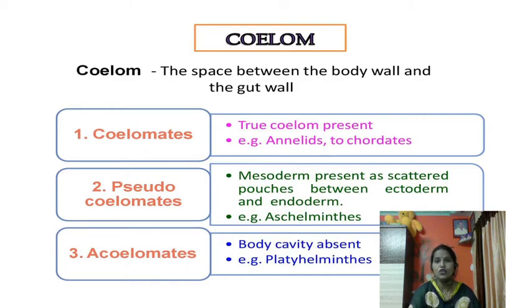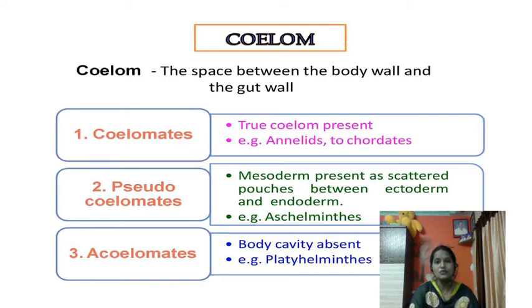Coelom is the space between the body wall and the gut wall. According to the presence of coelom, the animals are classified into three categories. Coelomates, that means true coelom is present in these animals. For example, annelids and further phyla till chordata are all coelomates.